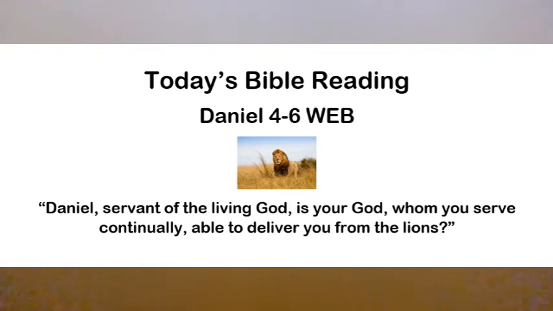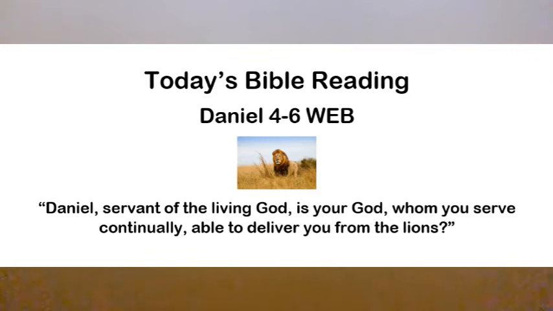The dream interpreted. Then Daniel, whose name was Belteshazzar, was stricken mute for a while, and his thoughts troubled him. The king answered, Belteshazzar, don't let the dream or the interpretation trouble you. Belteshazzar answered, My lord, may the dream be for those who hate you, and its interpretation to your adversaries.